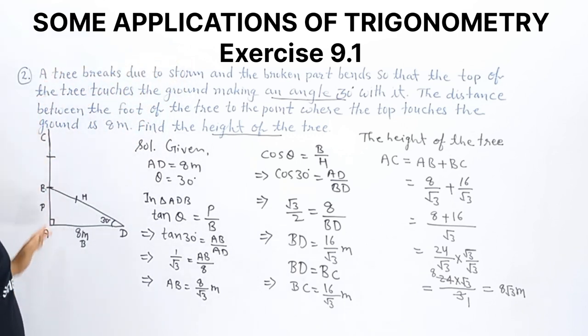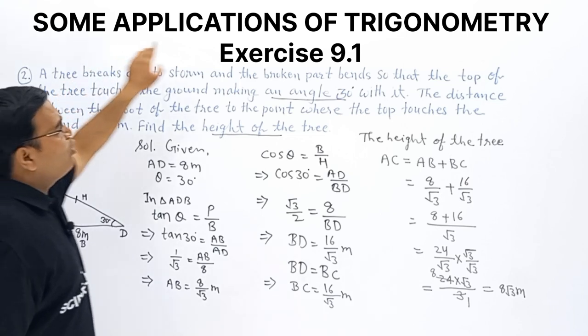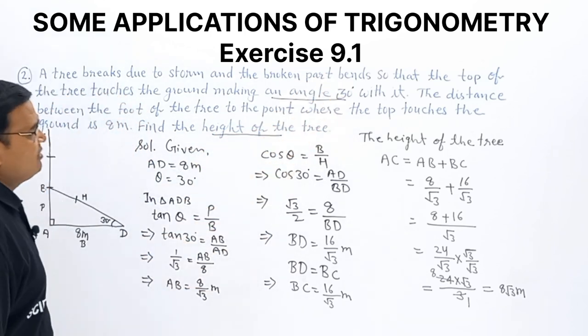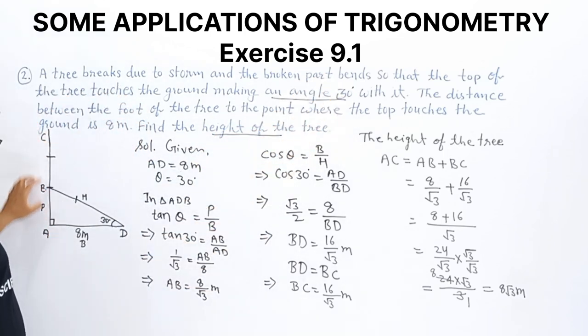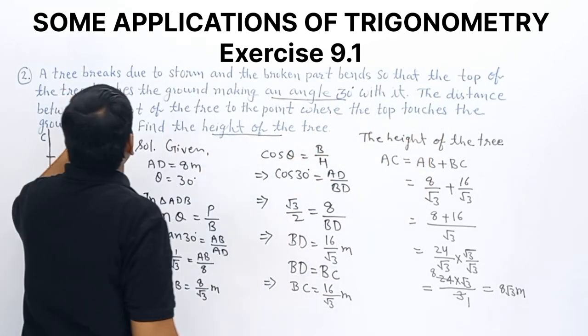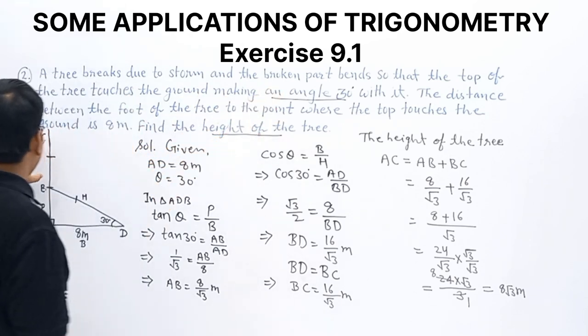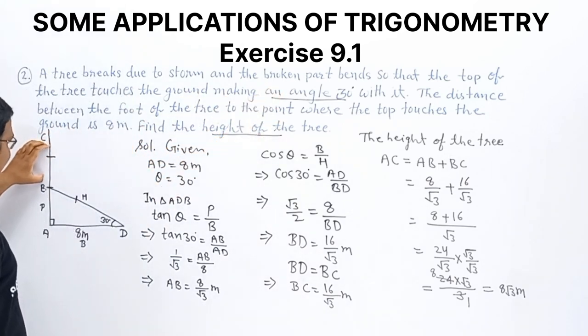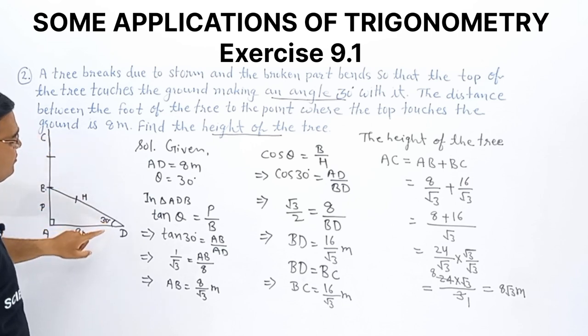AC is the tree, and it breaks from point B. The broken part BC bends so that the top of the tree touches the ground, making an angle of 30 degrees with the ground.